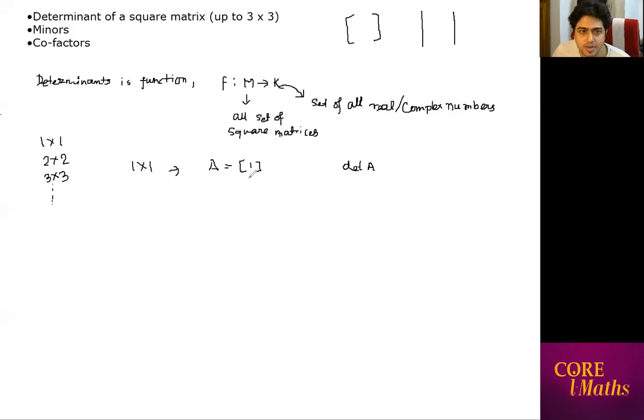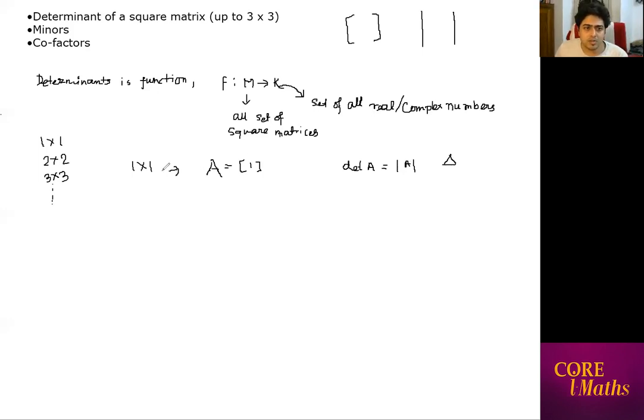Here A is the square matrix having only one element. Its order is 1 cross 1. So whenever we find the determinant value of that square matrix, we'll write it as det A, or you can write it as, this is not modulus, this is determinant of A, or you can write determinant as this del.